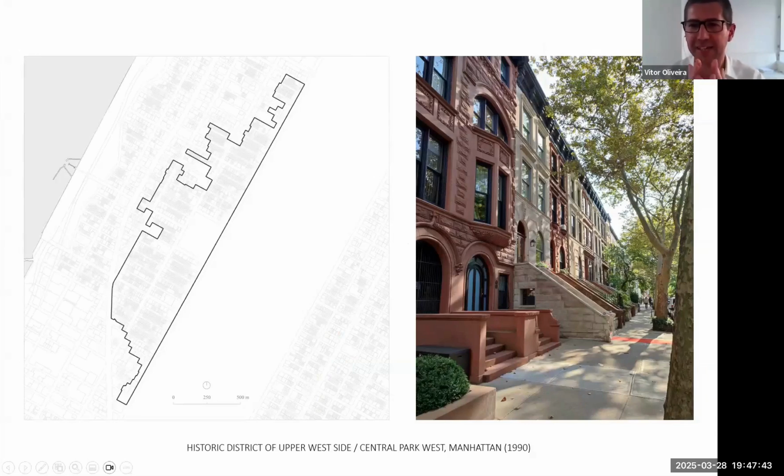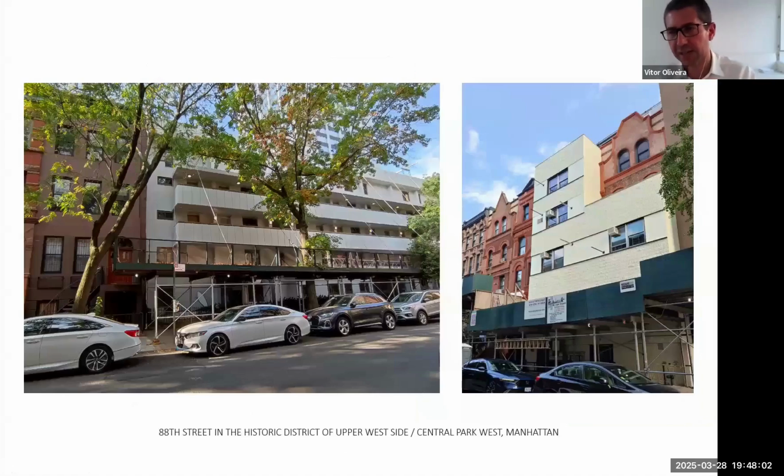I would say, again simplified, that this is the typical look of a street within this historical district, and we try to understand how this district, that was classified in 1990, is changing. And we see some significant transformations.